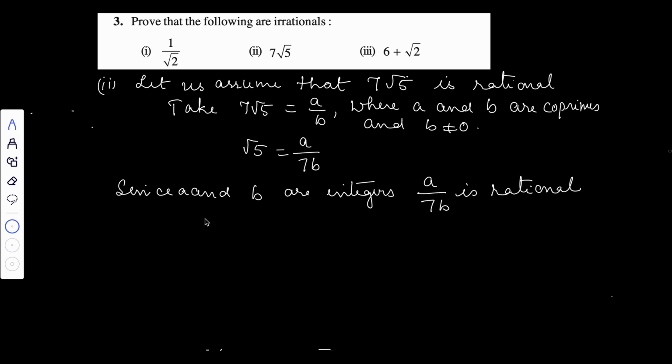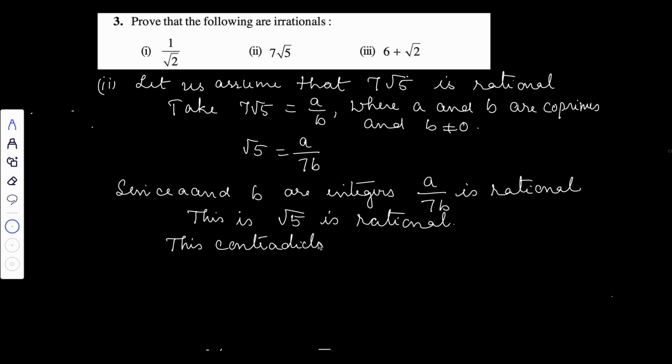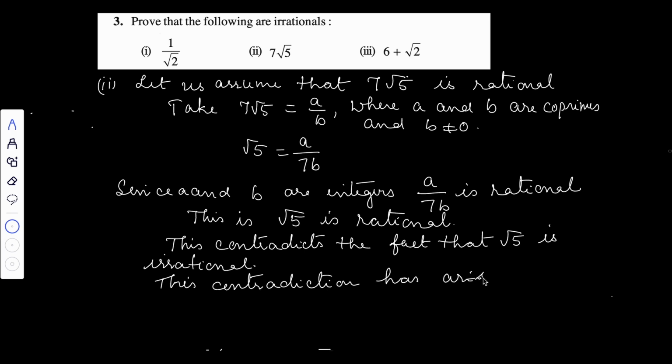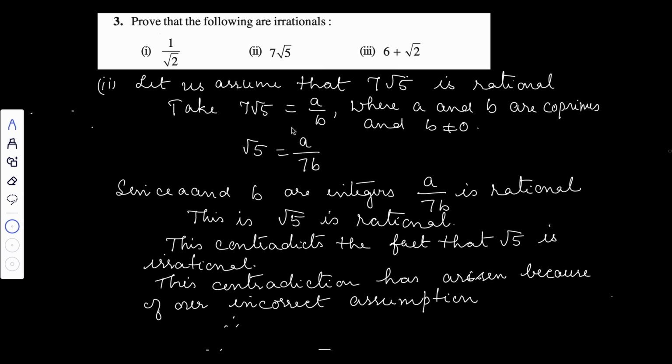This gives root 5 is rational. But we know root 5 is irrational, so it contradicts. This contradiction has arisen because of our incorrect assumption. Therefore, 7 root 5 is irrational.